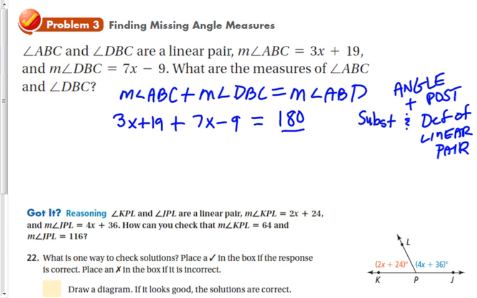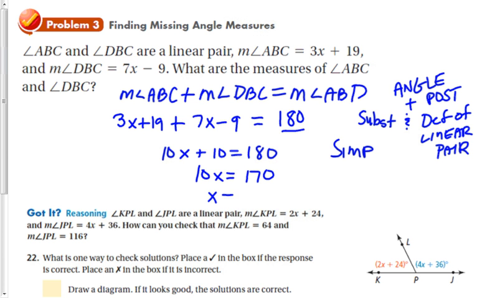Okay, and then we're just going to simplify this, and we're going to get 10x plus 10 equals 180. I'm just going to say simplifying there. And we're going to say 10x equals 170, and that's subtraction property of equality, and x equals 17. That is the division property of equality.